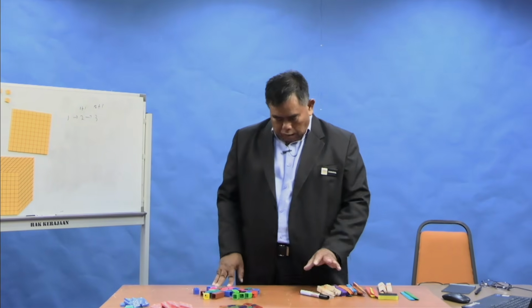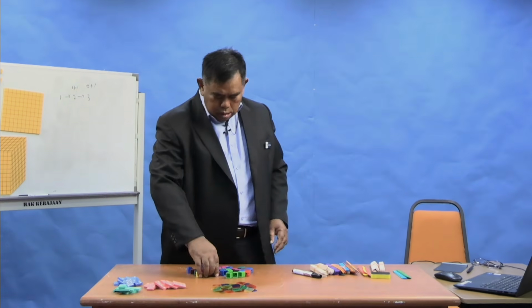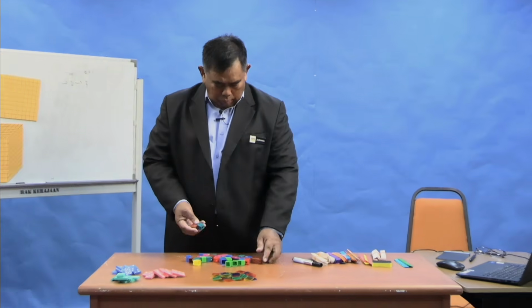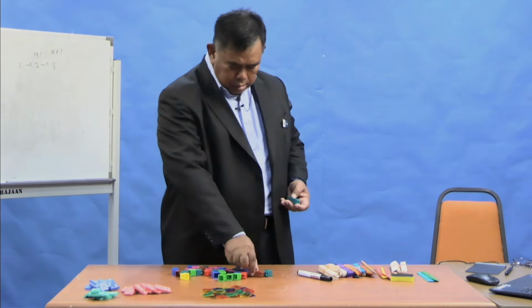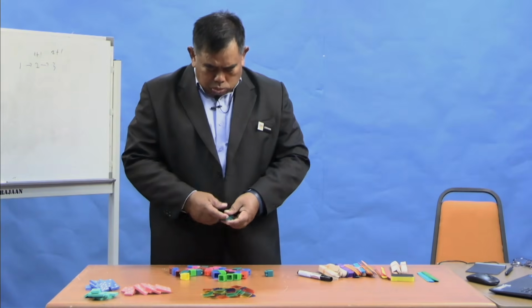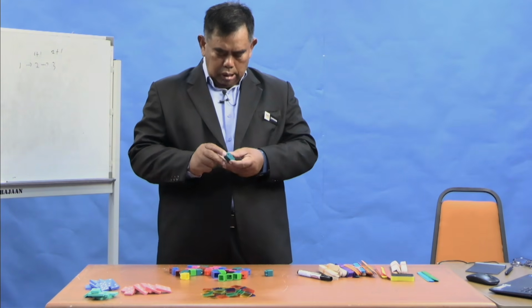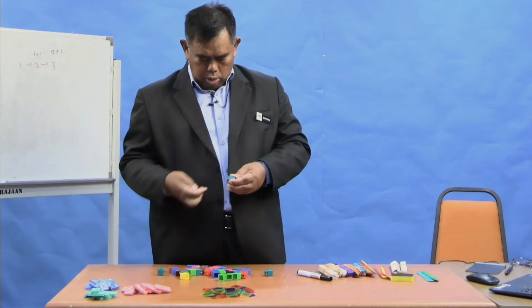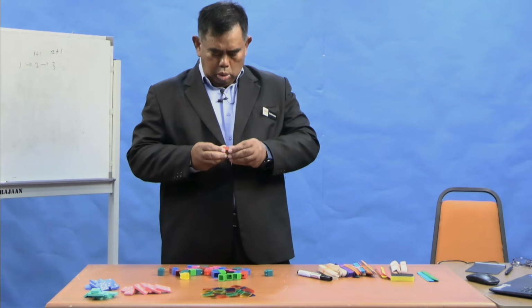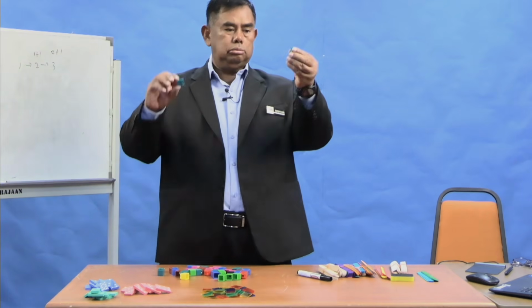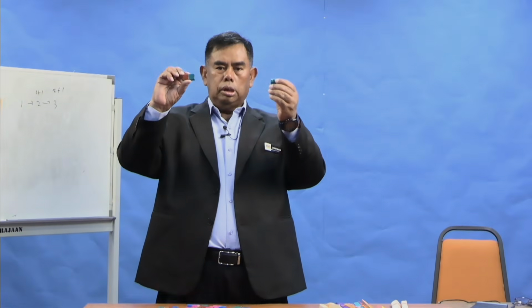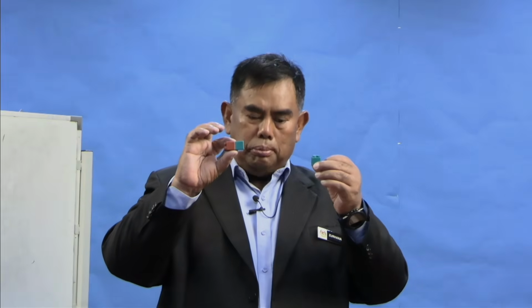Also, we can use others. What is the difference between odd numbers and even numbers? 2 is a 2. This one is 2. 1 is the odd number, 2 is the even number.